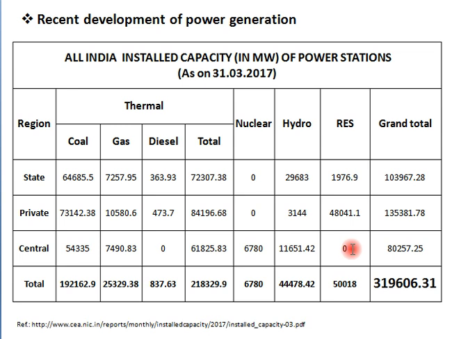There is no involvement of the central government. This is the grand total region wise. So the total installed capacity of India in power generation is 319606.31 megawatt. So this is all about the power plant capacity in India up to 31/3/2017.